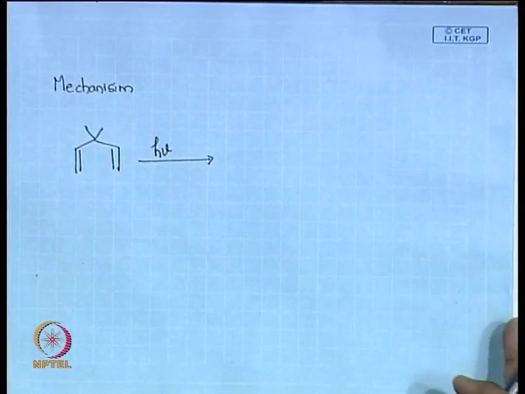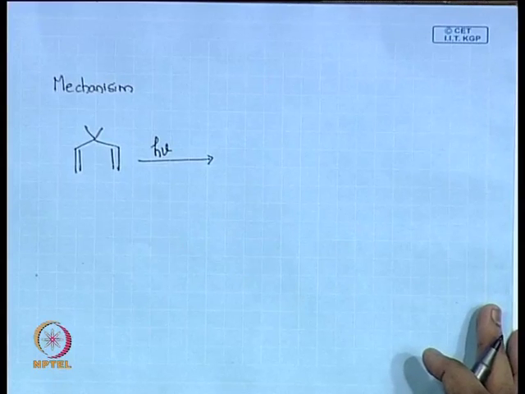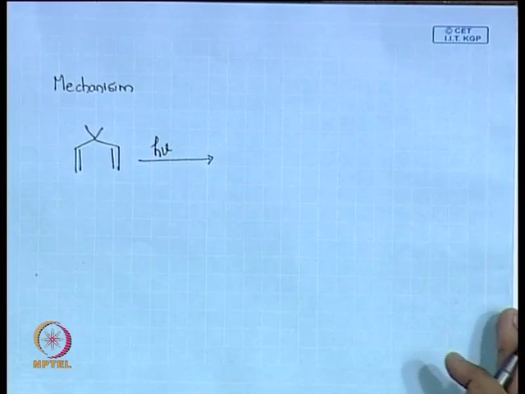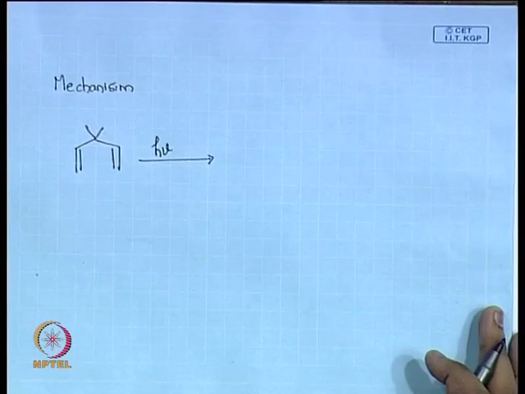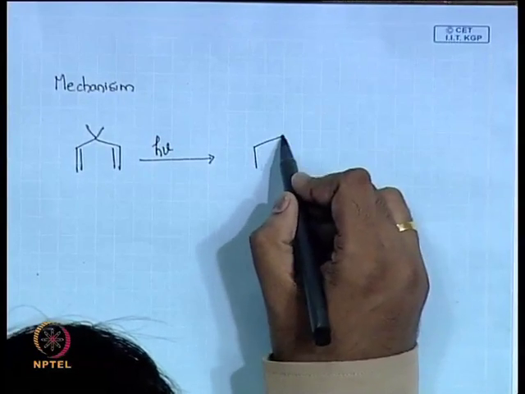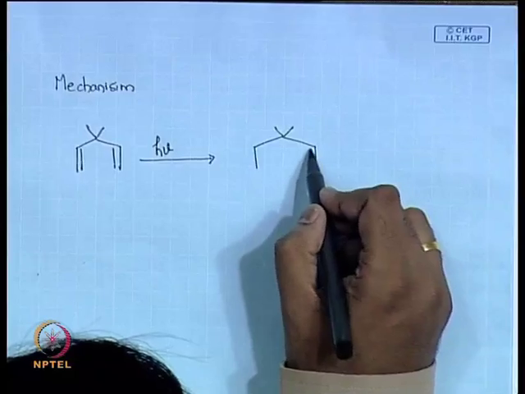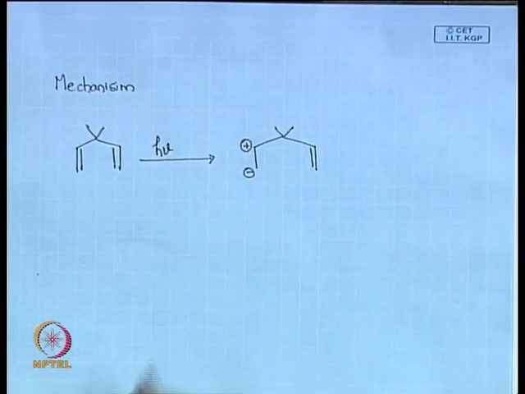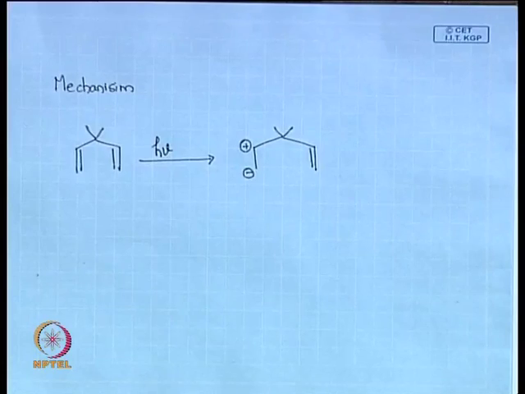I am just writing the mechanism if it happens from the singlet state, the singlet of the pi star state. What is singlet pi star normally in alkenes, how does it look? More like zwitterionic. So, I can say it can be like this once I photolyze in the singlet excited state.